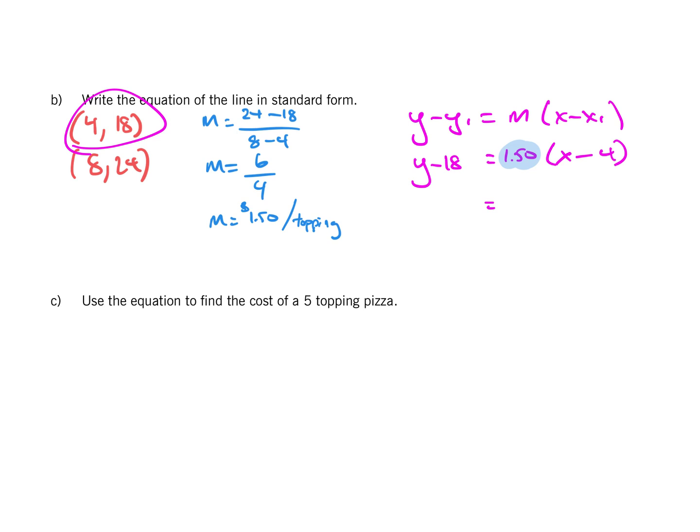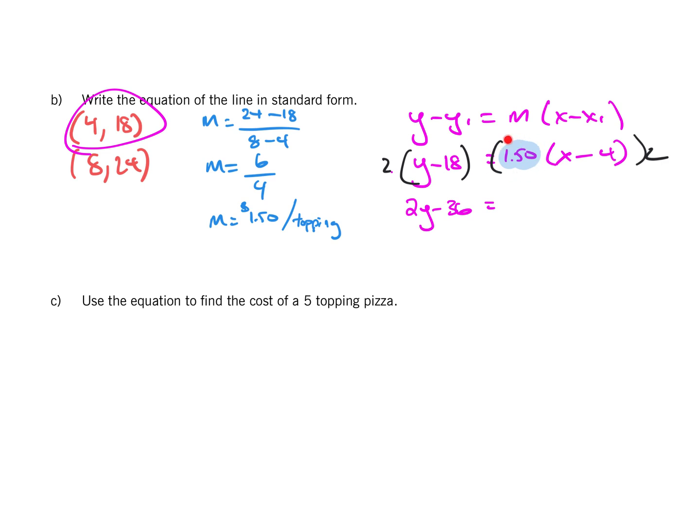So what we could do to make this nice is just take everything and multiply it by 2. So on the left side, 2 times y minus 18 is 2y, take away 36. Now on the right side, we don't have a fraction, so that means that we are going to have to take 2 and just multiply it by $1.50.